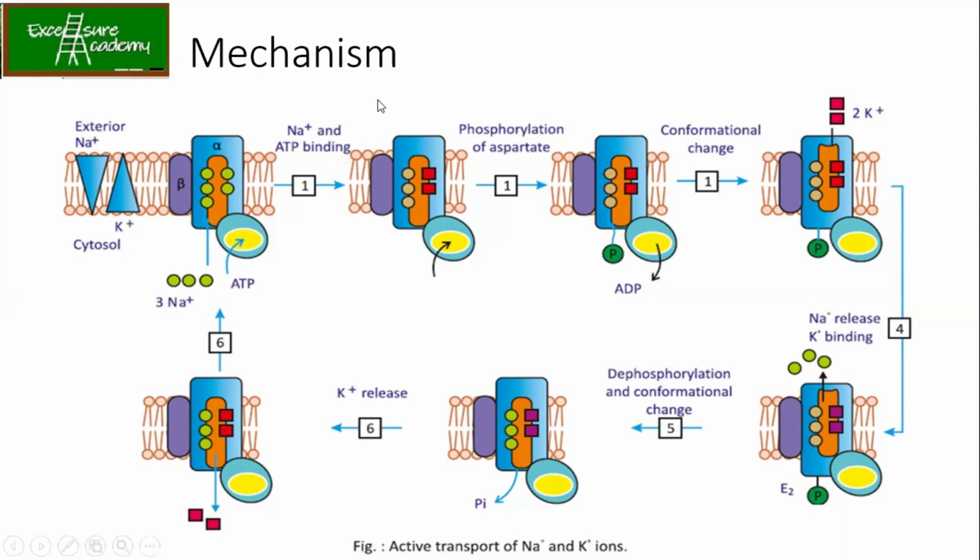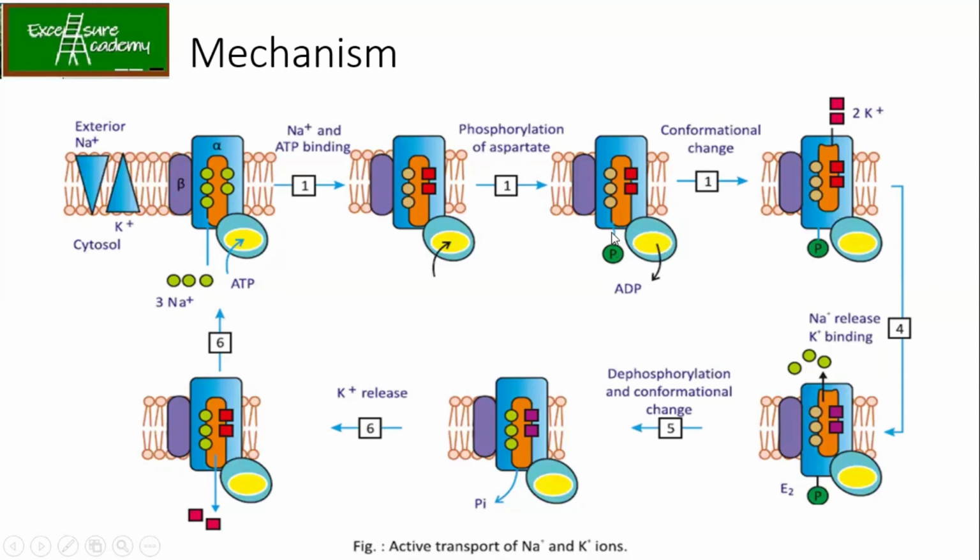So what is happening now? First is 3 Na plus and ATP binding. Then phosphorylation of aspartate is happening. How will phosphorylation happen? By ATP hydrolysis. Correct?